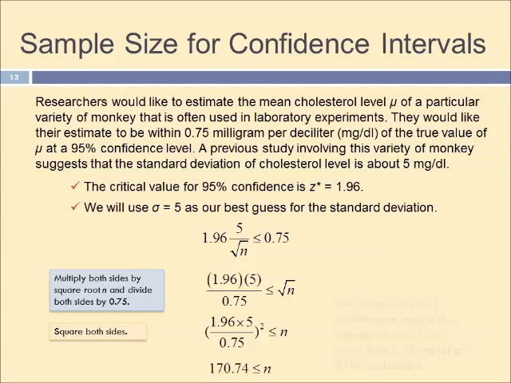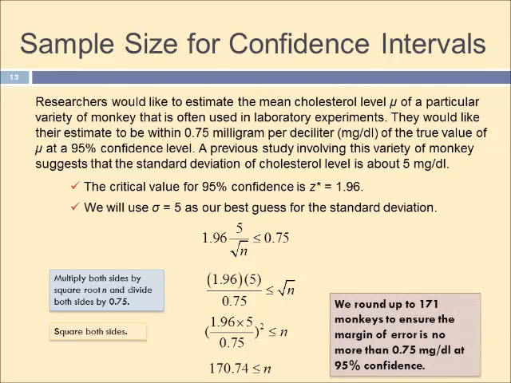And then if we calculate that, it comes out to be 170.74 is less than or equal to n. And we round up to 171 to ensure the margin of error is no more than 0.75 at this level of significance. So that's how many monkeys we'd need to satisfy these conditions.